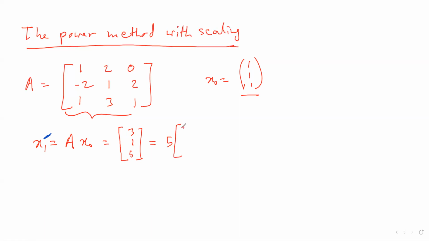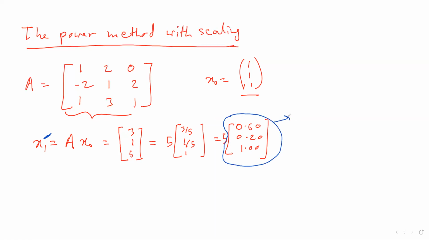So we have 3 by 5, 1 by 5 and 1. In decimal points, this is 0.60, 0.20, 1.00. And x1 is this matrix, excluding the 5.